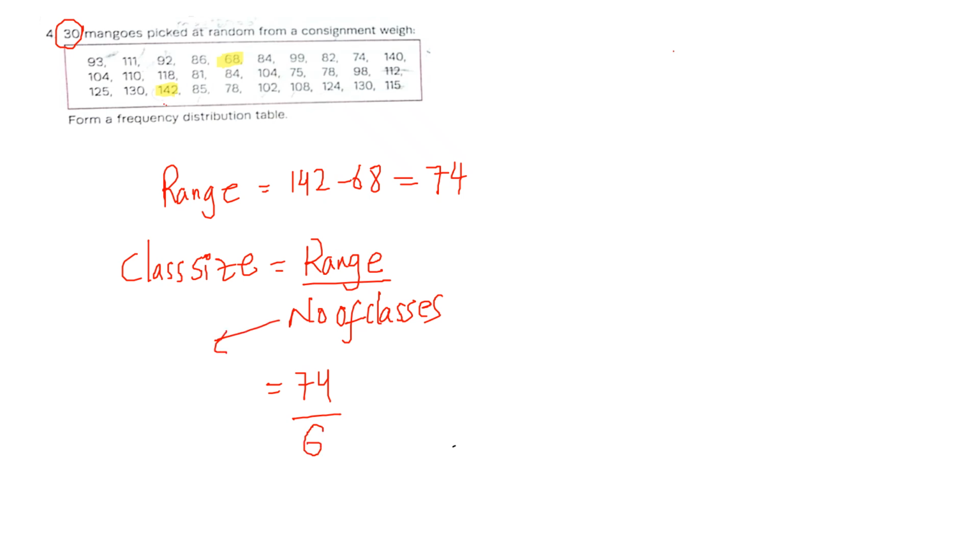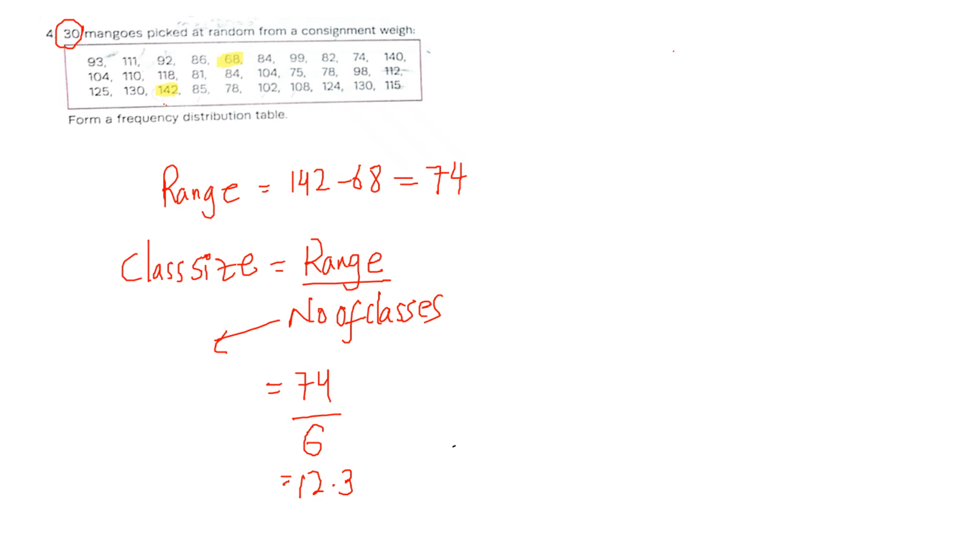You can keep it 7, you can keep it 5, that's up to you, but not too small or too large. It should be average, considering how many classes you should make out of data of 30. So I think 6 is better, so I will divide 74 by 6, and I get 12.3.